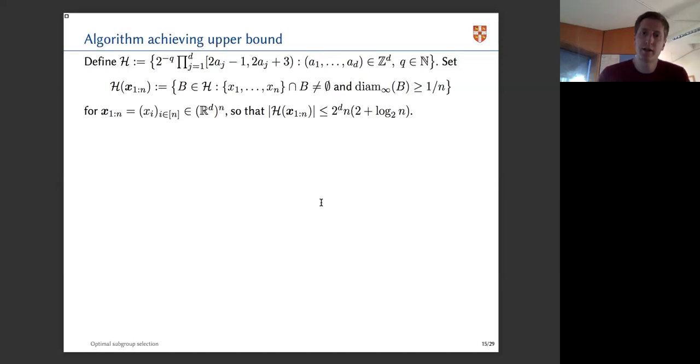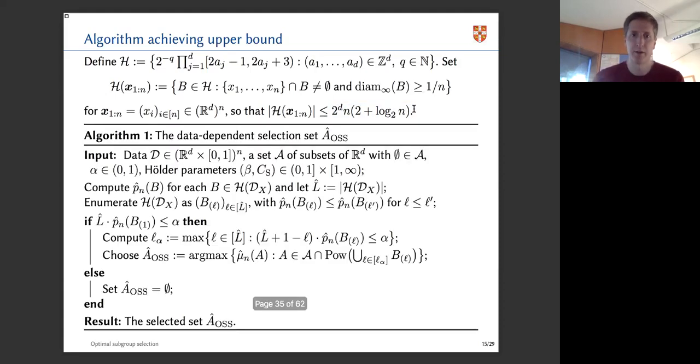These are hyperrectangles with dyadic endpoints in each coordinate, that intersect the x values, the data points, so they're in the region that I care about, and that are not too small, in the sense that their infinity norm diameter is at least 1 over n. And so there are only finitely many such hyperrectangles. In fact, I can give a bound on the number of hyperrectangles of that type.